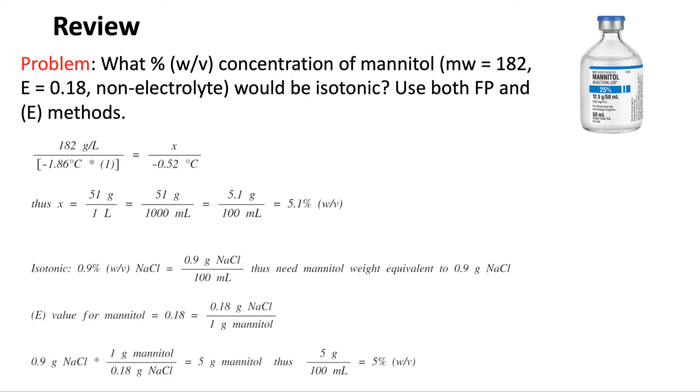We get, rounding a little bit, the value of 5, and the units would be grams of mannitol. That means we need 5 grams of mannitol for every 100 milliliters to make an isotonic solution. 5 grams over 100 mils means we need a 5% weight per volume solution. So again, we came to essentially the same answer using both the freezing point depression method on top as well as the sodium chloride equivalent method on the bottom.